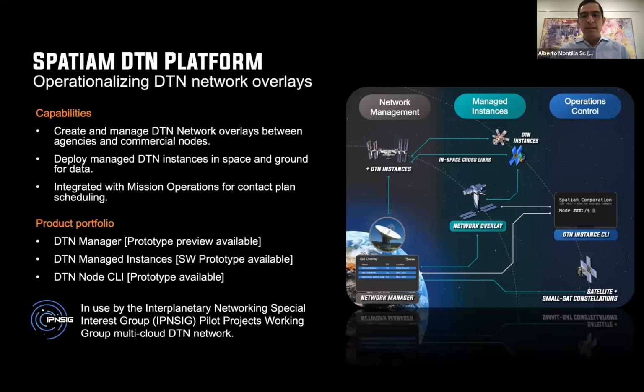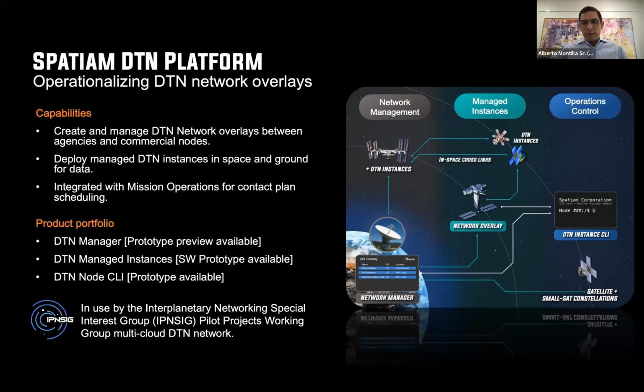With the platform, we're able to create and manage DTN network overlays, ideally open between agencies and commercial nodes. We're able to deploy managed DTN instances for both space and ground operations for forwarding and transfer of data. And the platform can be integrated with mission operations through APIs, for example, for contact plan scaling.